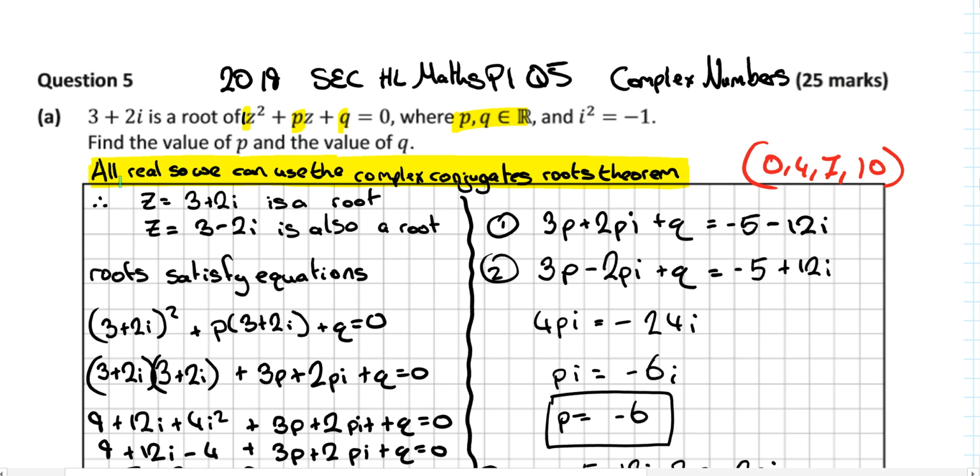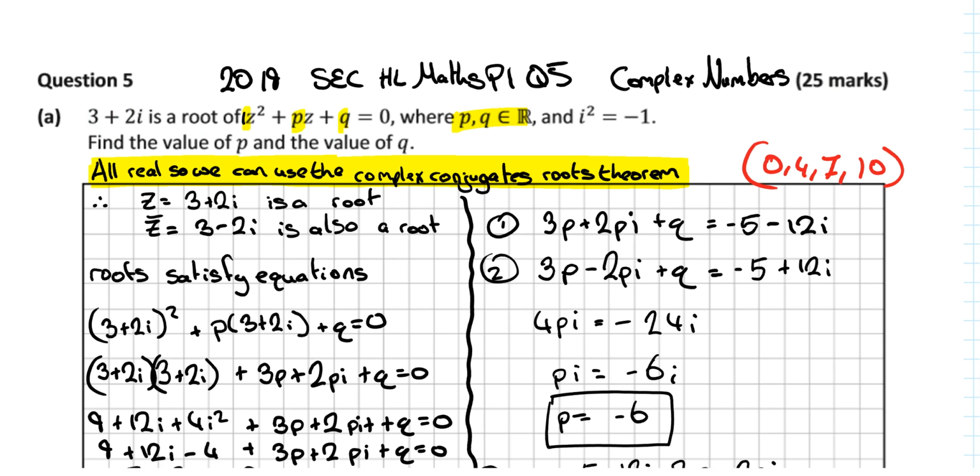So we can use the complex conjugate roots theorem. That theorem states that if the coefficients and the constant are real, and we know 3 plus 2i is a root, then we also know that the conjugate, z conjugate, which is 3 minus 2i, is also a root.